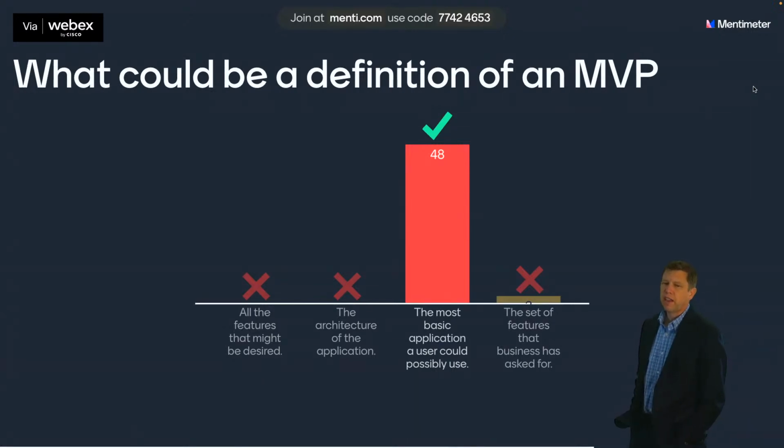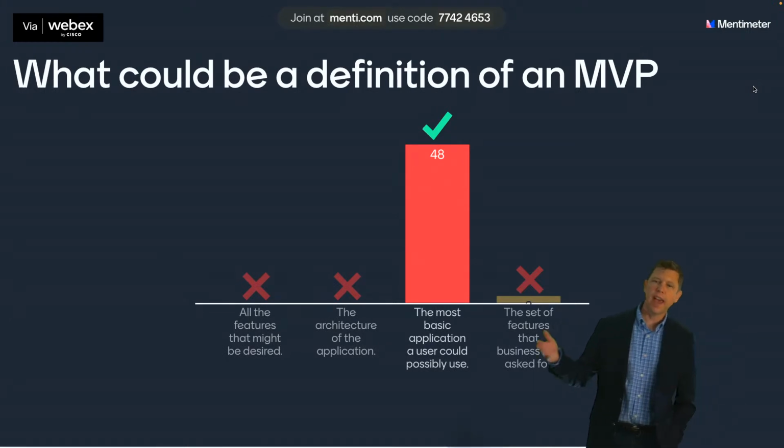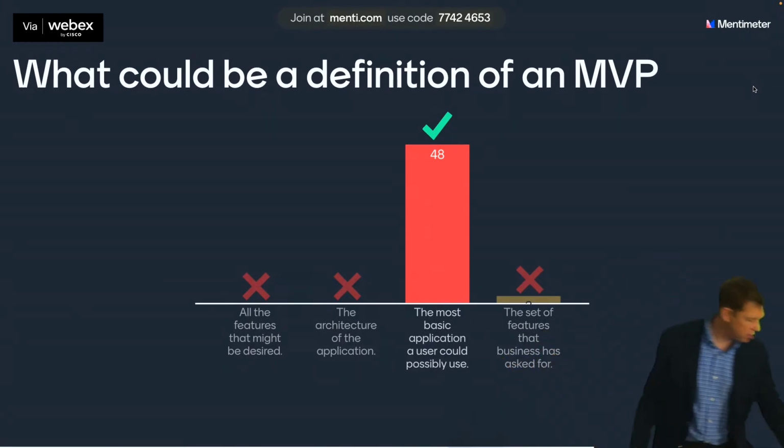And the reason why the set of features that business has asked for may not be the right answer is because the business probably has a lot of ideas of things that are enhancements and benefits, things that they want someday, but things that shouldn't hold up being able to deliver other parts of it. So they don't necessarily want to wait to move into the house until the pool's installed, if you think of it like that.